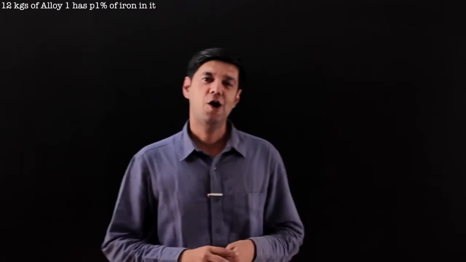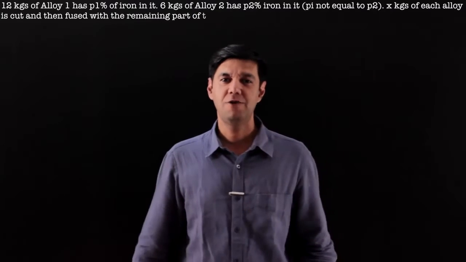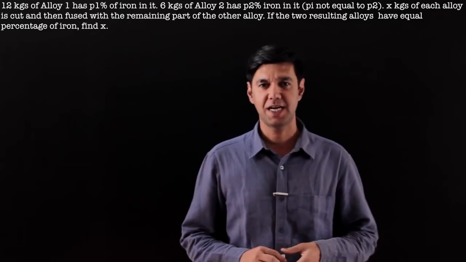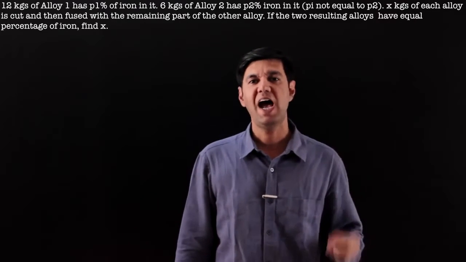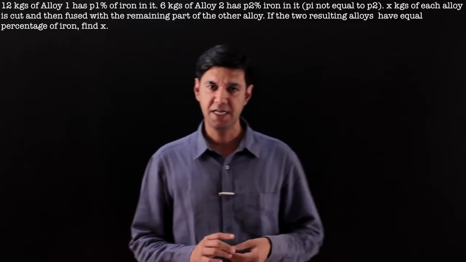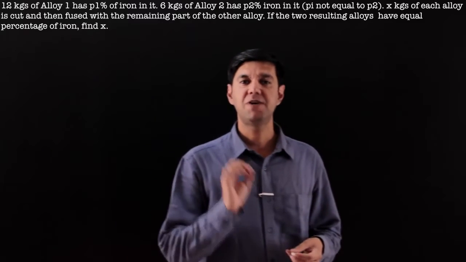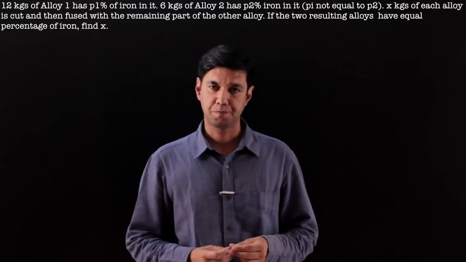So the tough question is: 12 kgs of alloy 1 has P1% iron in it. 6 kgs of alloy 2 has P2% of iron in it. And it's given that P1 is not equal to P2.